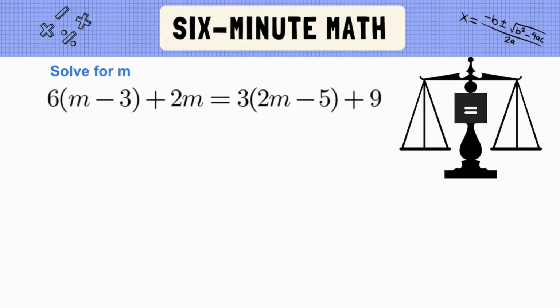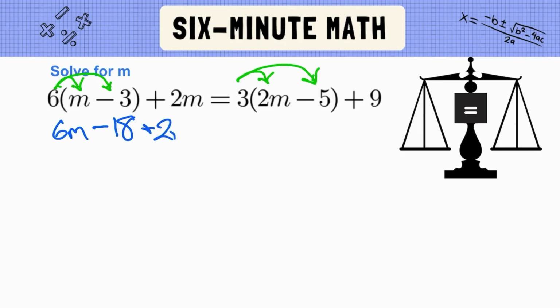How about solving for m in this long process? So again, I'm going to use the distributive property to get rid of my brackets. 6 times m is 6m. 6 times negative 3 is negative 18.